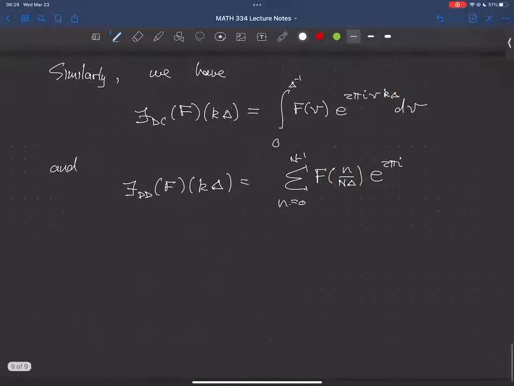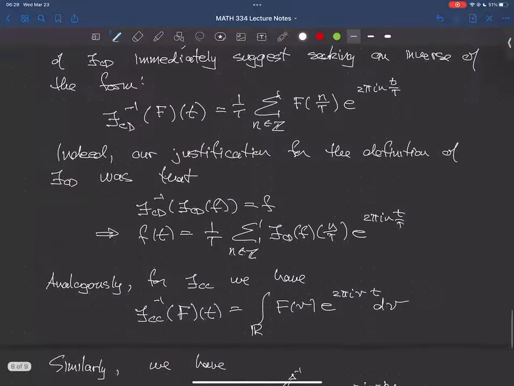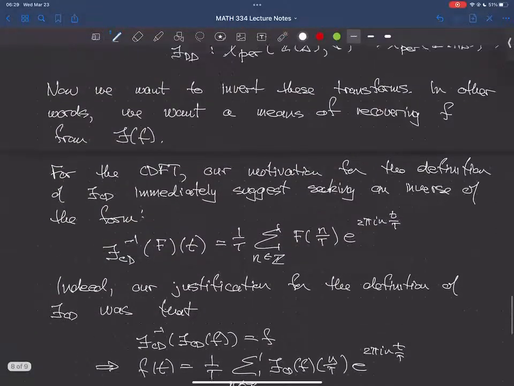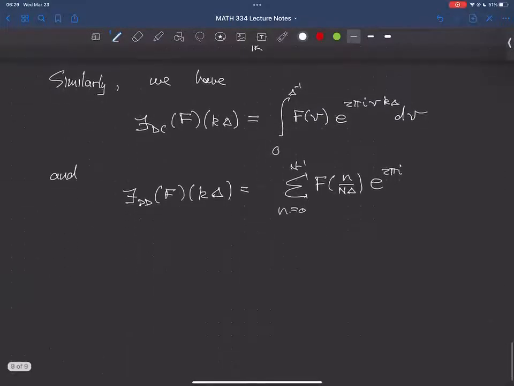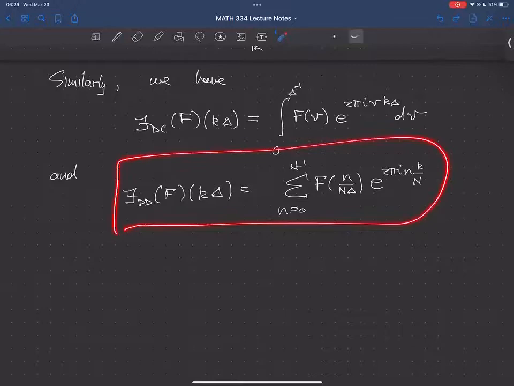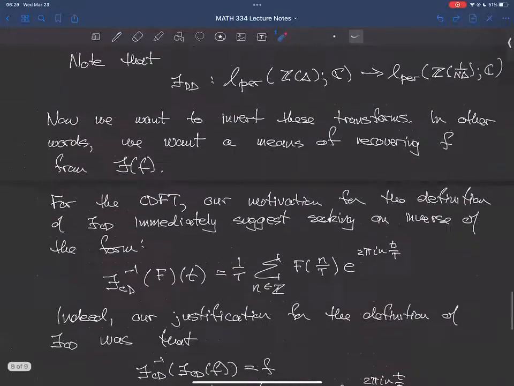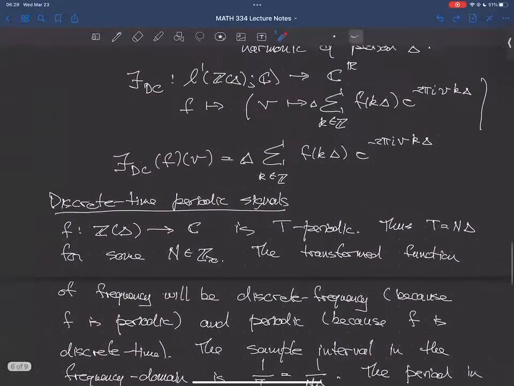Let me write it in a way that is as compatible as possible: 2 pi i n k over n. And so in this case, you see that the forward and inverse transforms for the DDFT look the same as one another.